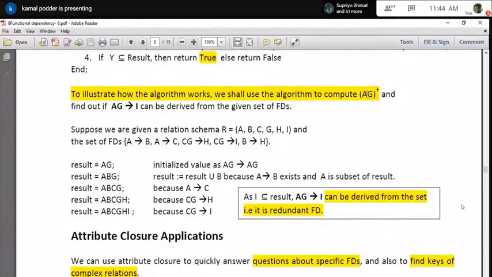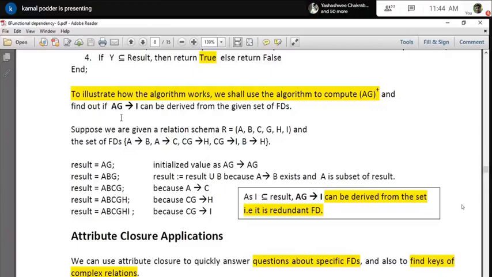I try to find out AG plus, that means the closure of AG. A and G are two attributes. I try to find out AG plus and find out if AGI can be derived from the given set. I have to derive whether AGI depends on AG, whether this particular FD can be derived from these FDs or not.